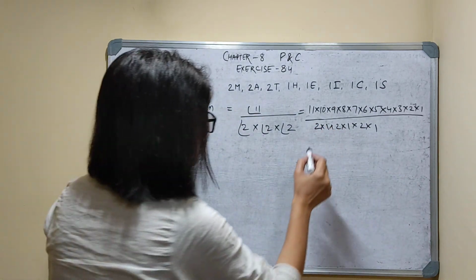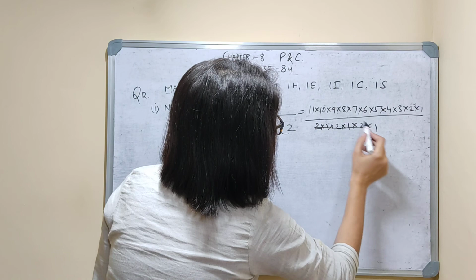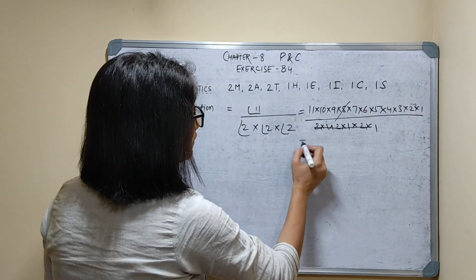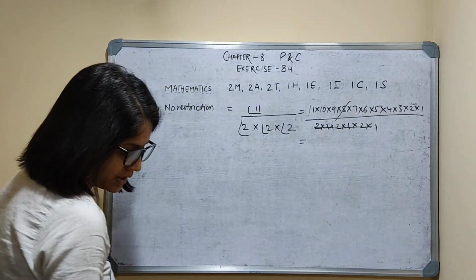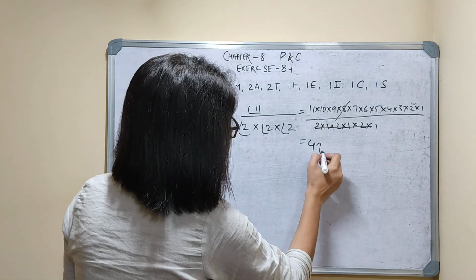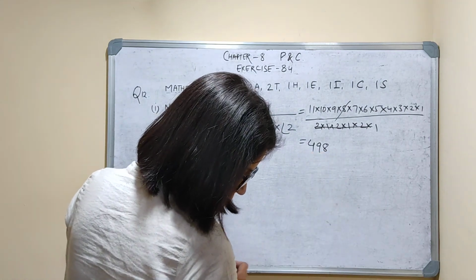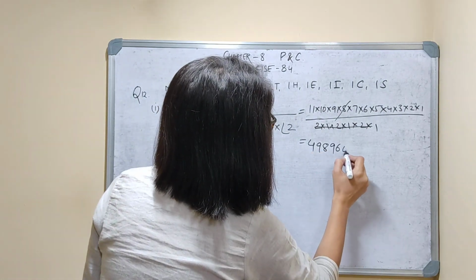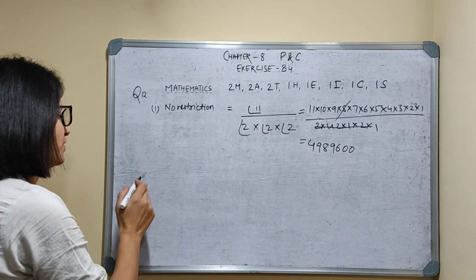So 2 to the 4, 4 to the 8, cancelled by this. When you multiply all these numbers, you will get 4,989,600 when there is no restriction.